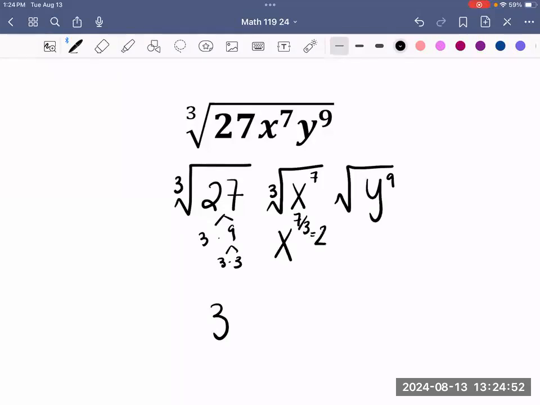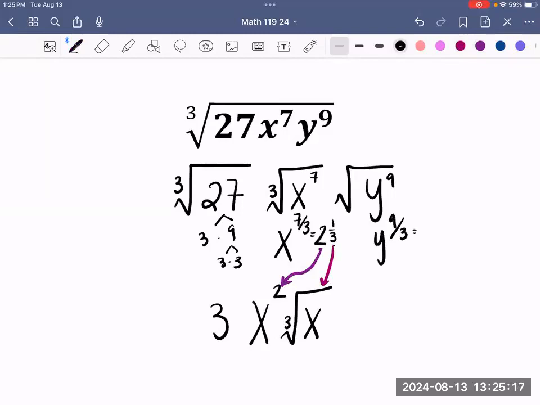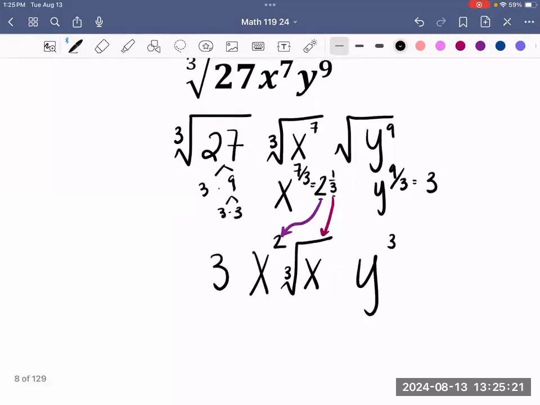Well, you have 2 of them to make 6, and then you need 1 more to make 7. So that 2 is really the exponent of your x value that came out, and the 1/3 is really what stays back inside. And lastly, y to the 9th over 3, which is equal to 3. So you have y to the 3rd.